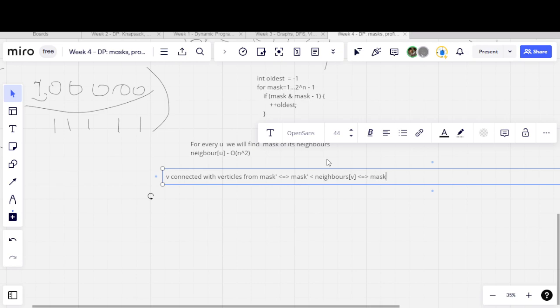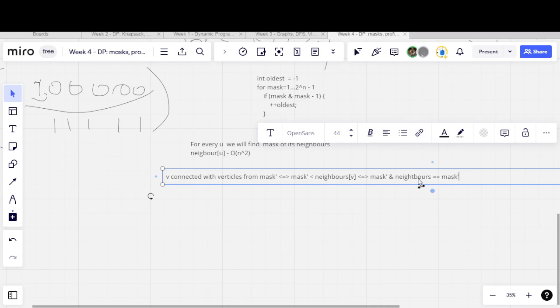We just take mask, we take the AND, and we compare it with mask. Okay, is it true?